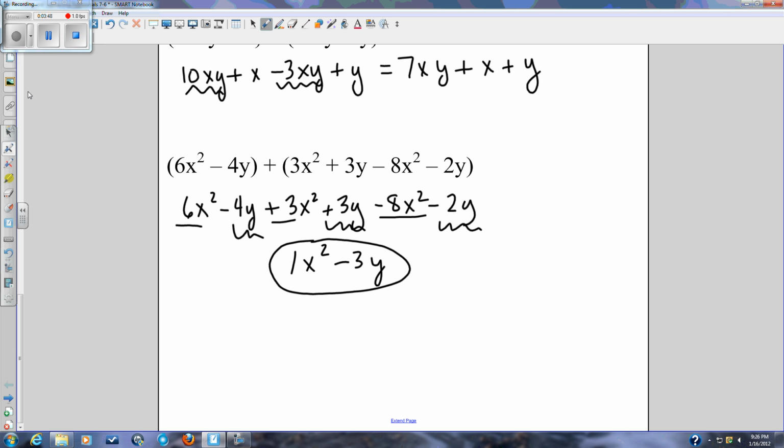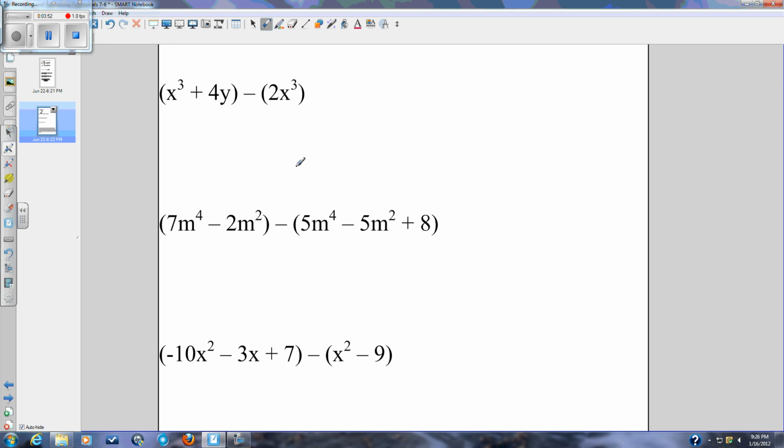So moving on to the next page, we're going to deal with subtracting polynomials. Now, what I would recommend doing is put a 1 in front of your second set of parentheses, in front of the polynomial where you're doing the subtracting.